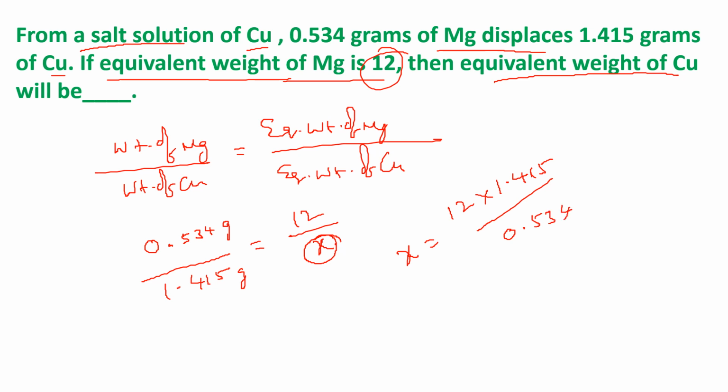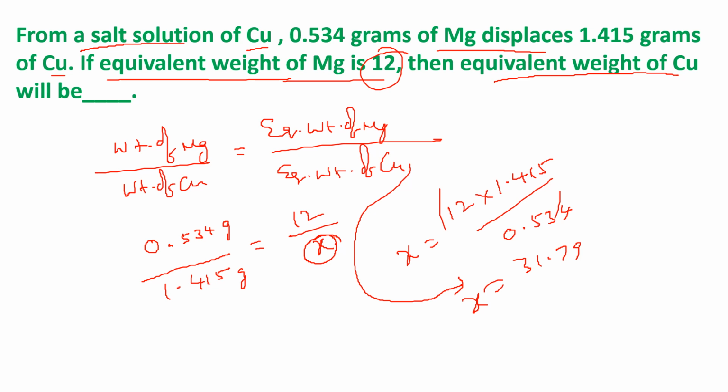Then naturally you will get 31.79, the equivalent weight of copper, that is X equal to 31.79.